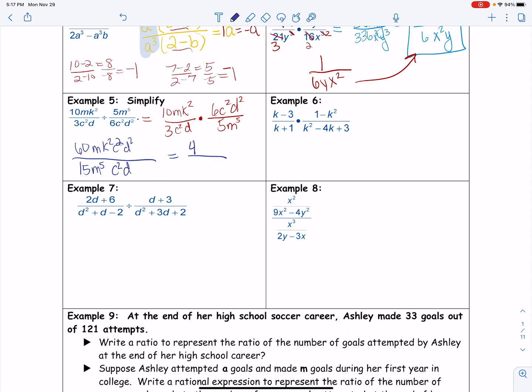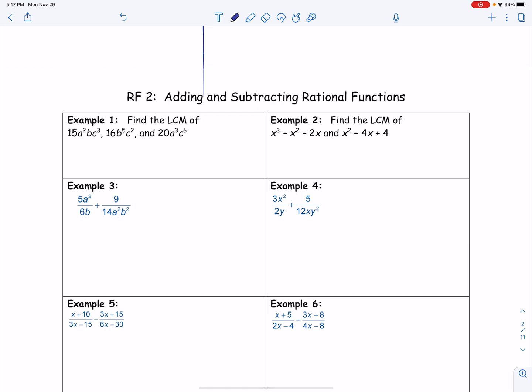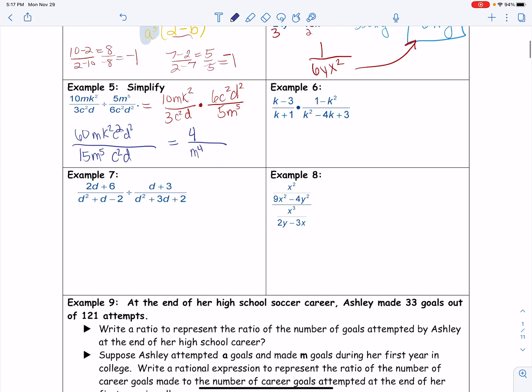So that's going to go on the top because the bigger number's on the top. You have 1m on the top, so you're going to have m to the 4th. You don't have a k to cancel, so k squared. To cancel, you have a c squared over a c squared. Anything divided by itself is 1, so my c's would cancel out, and then I have a d on the top. So this is my answer. So you multiply by the reciprocal.